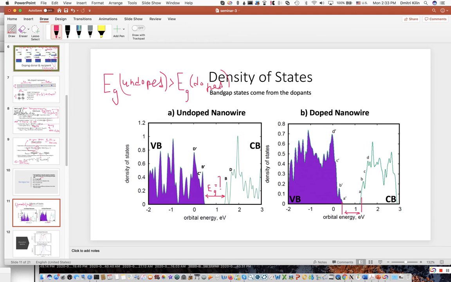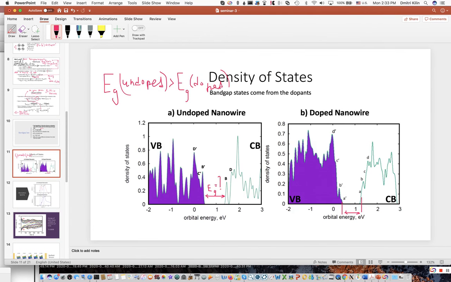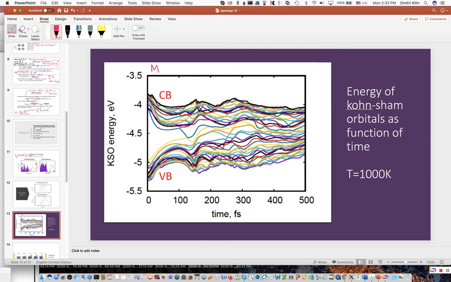That in turn means there are many more states available for doping, and that is correlated with the higher measure of charge transfer. So what these results suggest is that this doping process has definitely improved the charge transfer mechanism for the lead telluride nanowire. Any questions about that? No, no, no.